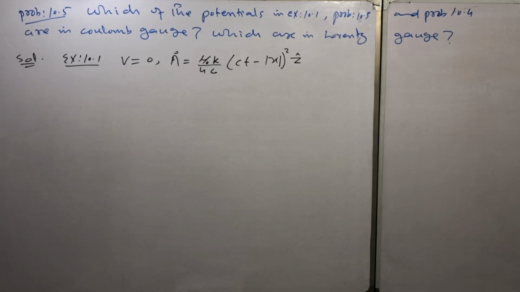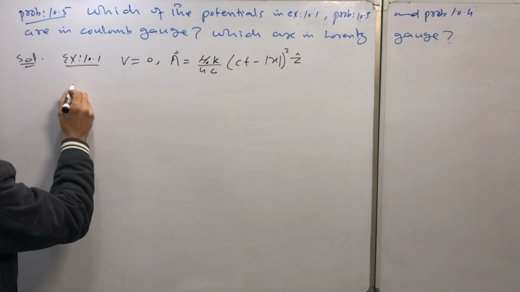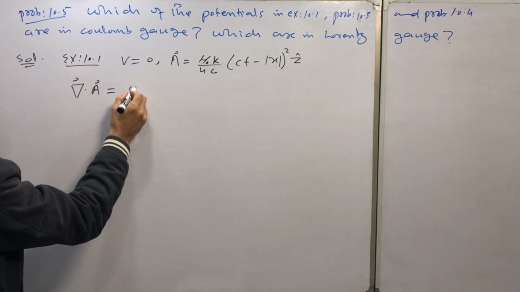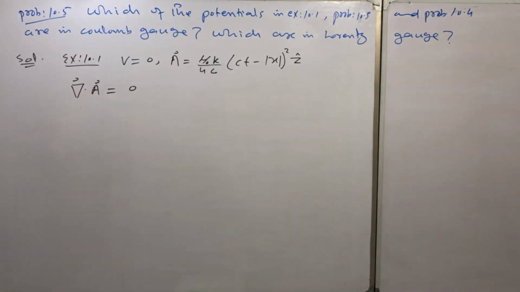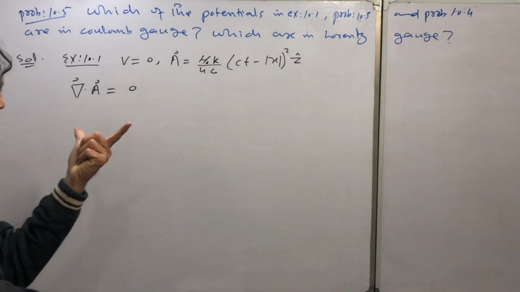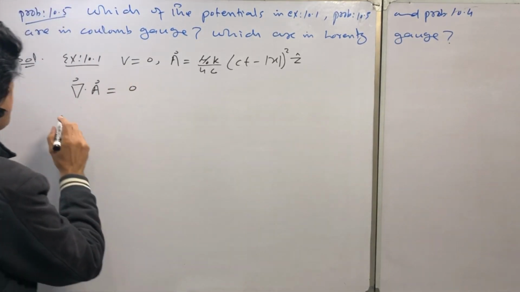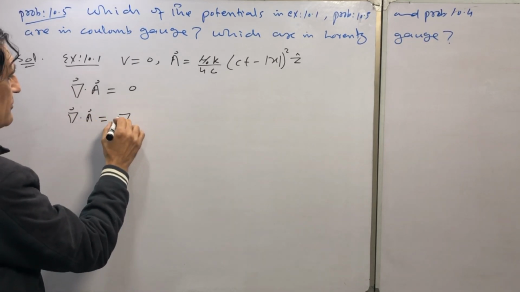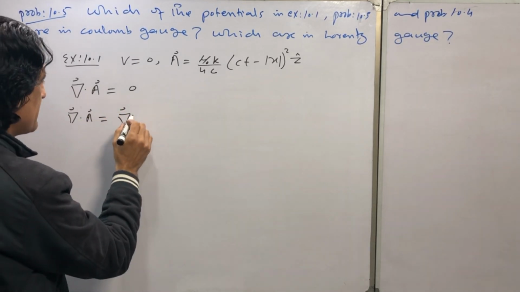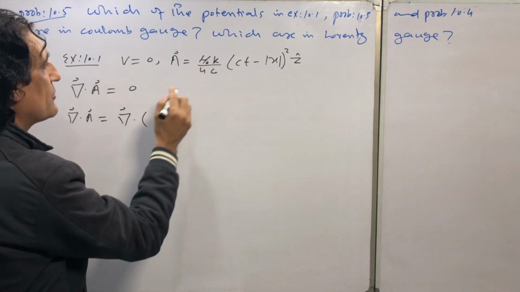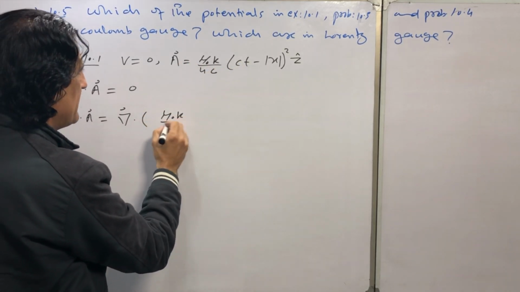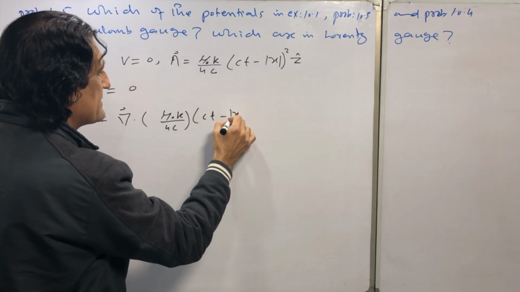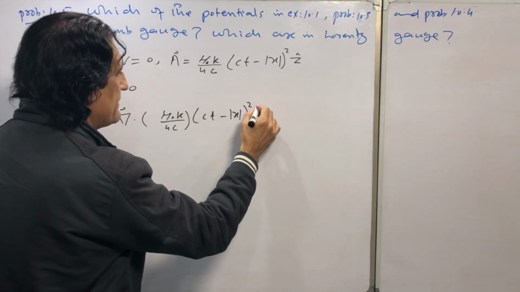Now the condition for Coulomb gauge is that the divergence of A is equal to 0. Let's consider the divergence of A, which is equal to mu naught K divided by 4c times (ct minus |x|) in the z direction.